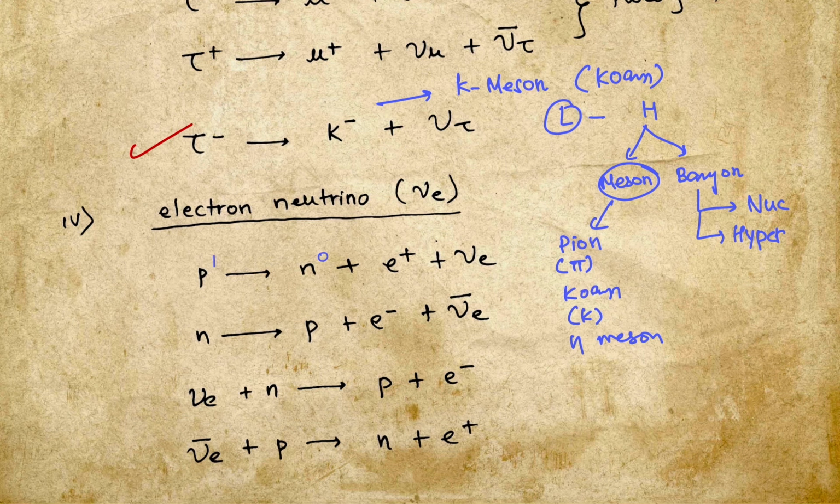Let us first learn about mesons because these are simpler, and we have only three kinds: pions, kaons, and eta mesons. Pions are also called pi mesons, these are called k mesons, and these are called eta mesons.